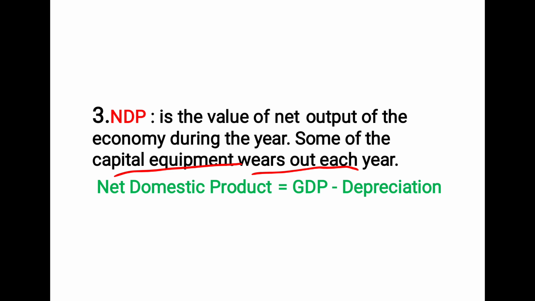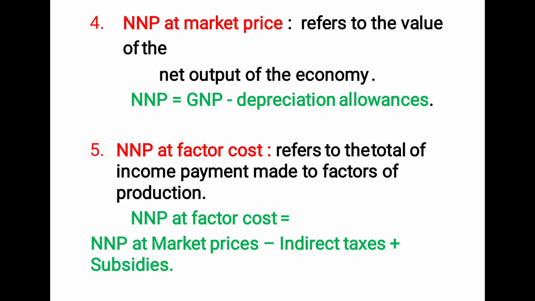After that it has a breakdown. So when you resell that machine, surely we cannot sell it at the same price at which we bought it. We sell it at a lesser price. So this value is being depreciated because of its wear and tear. So net domestic product is nothing but GDP minus depreciation.